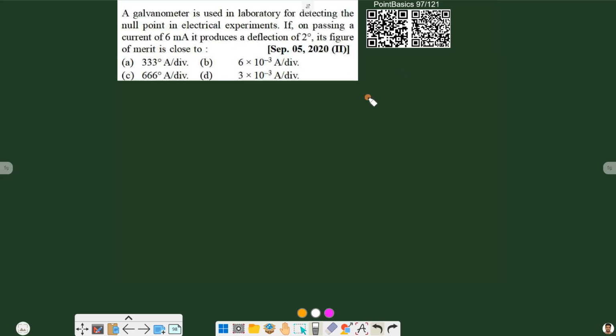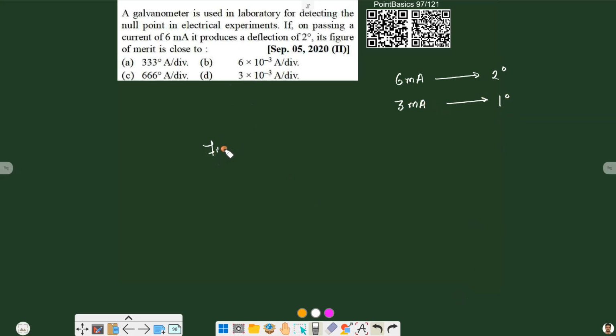So 6 milliampere is producing a deflection of 2 degree. Now 3 milliampere will produce a deflection of 1 degree, and we have to find the figure of merit.